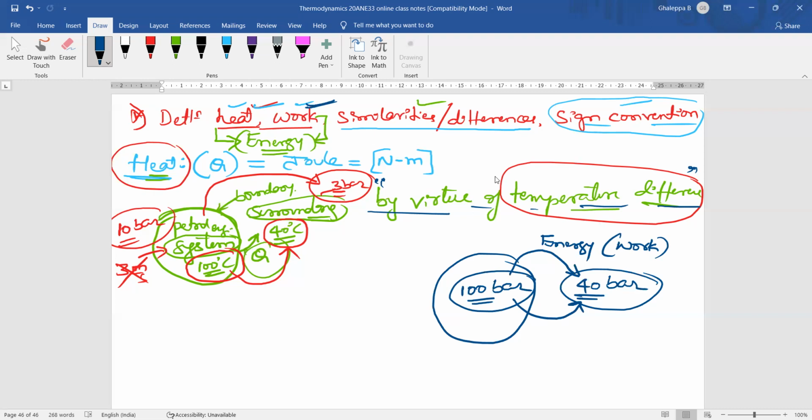Instead of pressure, if you see any energy transfer by virtue of temperature difference, for example, here it is 500 degrees Celsius and here it is 100 degrees Celsius, then due to this temperature difference the energy transfer you will call heat. Any doubts here? When do you call it heat, when do you call it work?